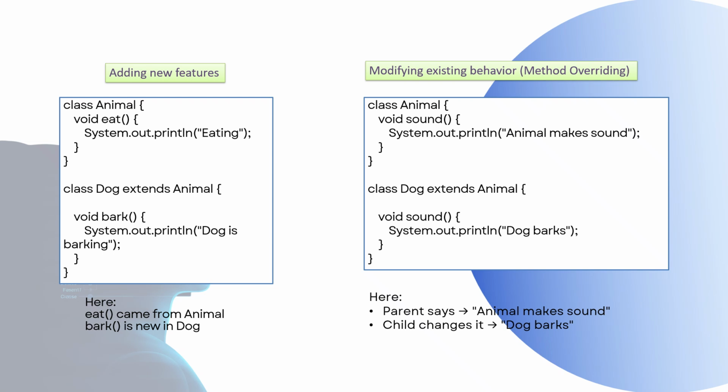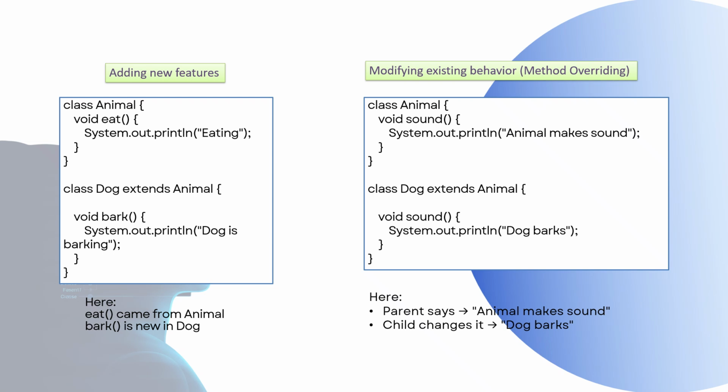Now in the main method, if we create an object of the child class like Dog d = new Dog, after creating the object, if we write d.eat, the output will be "eating". Even though the object belongs to the child class, it can still access the eat method from the parent class because of inheritance.